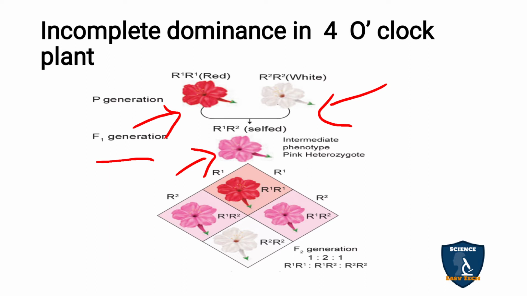So this R1R1 is crossed with R2R2. In F1 you are getting R1R2, that is the pink color.